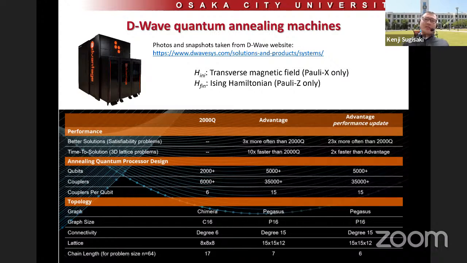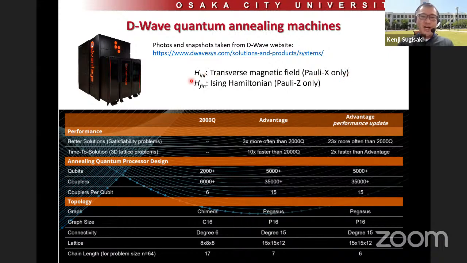Also, because today's topic is adiabatic quantum computers, you probably already heard about the D-Wave quantum annealing machines. This photo is taken from the D-Wave website. In the D-Wave quantum annealing machine, the initial Hamiltonian is a transverse magnetic field, which can be written as a Pauli X operator.